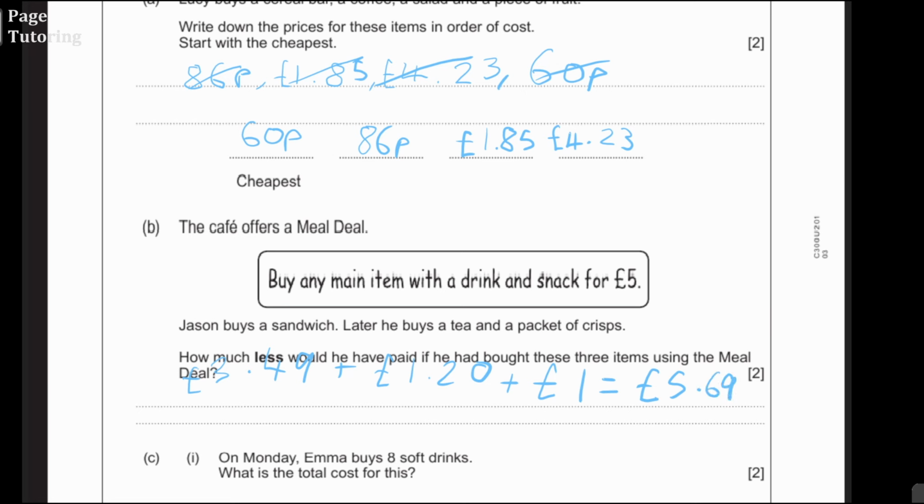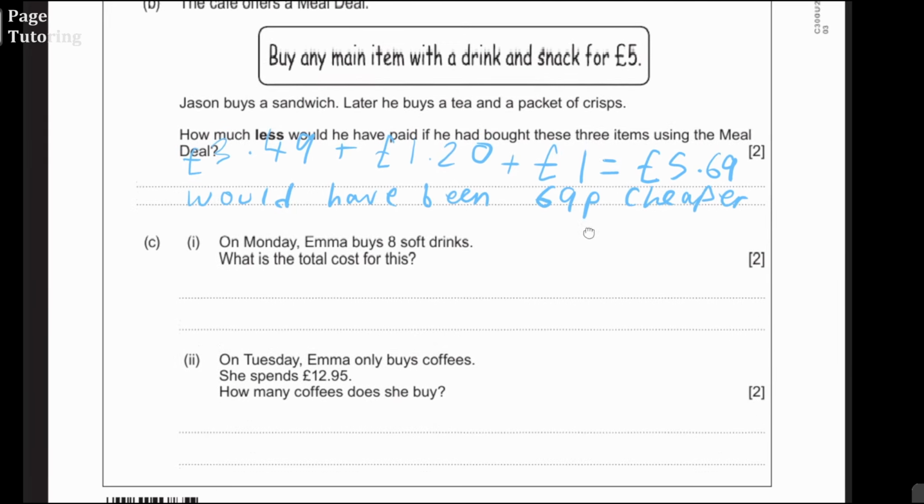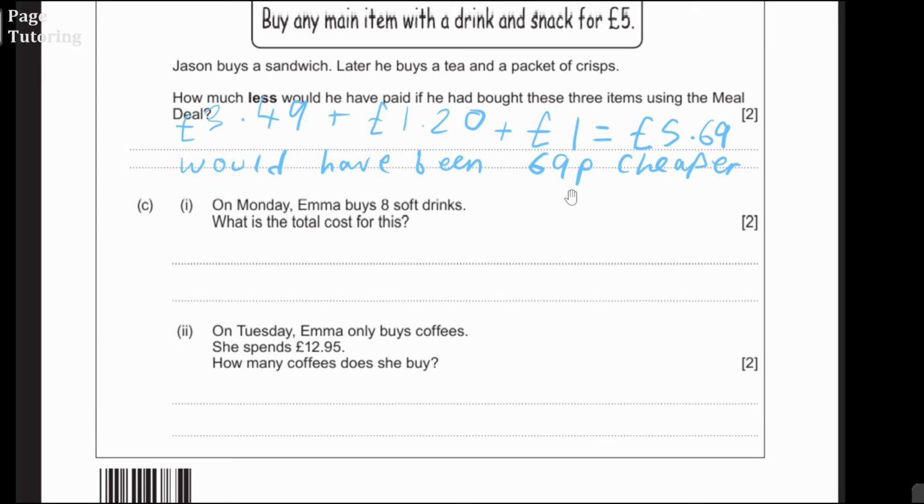So compared to that £5, it would have been 69p cheaper. We could have done the calculation, but luckily money makes it quite easy to figure out. That's 69p cheaper.